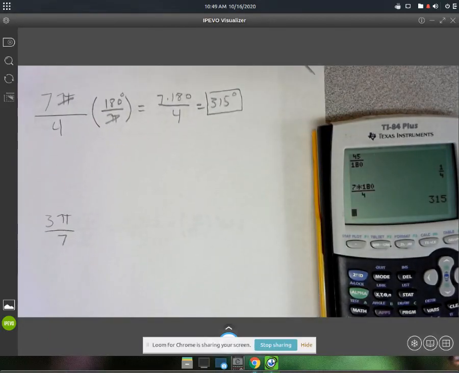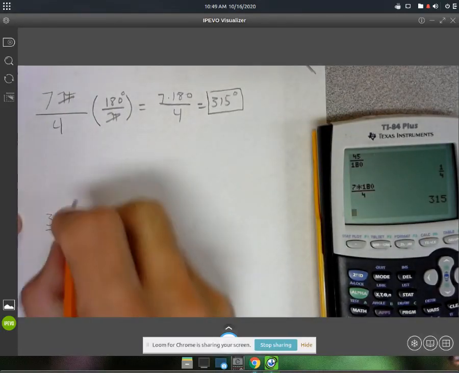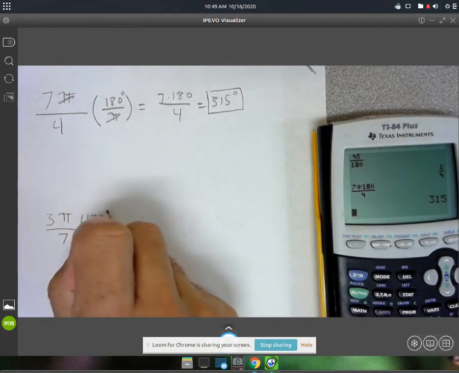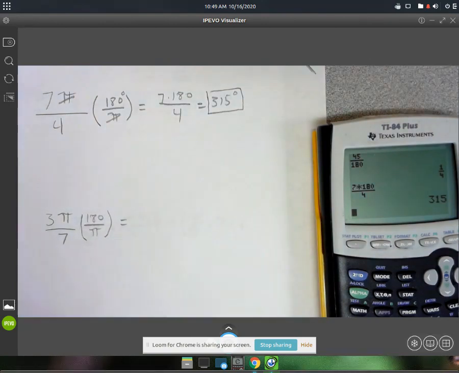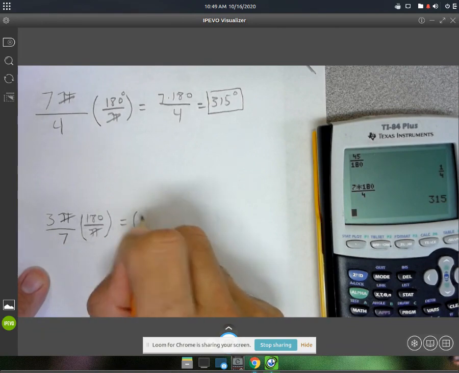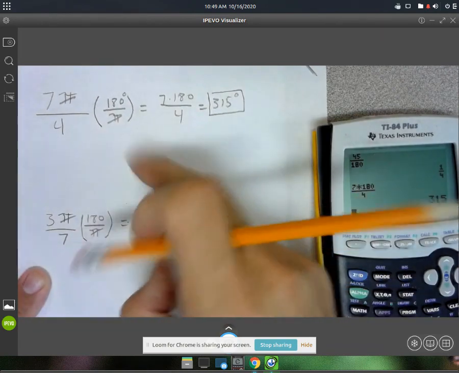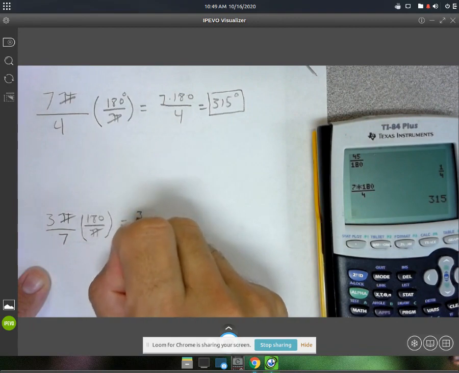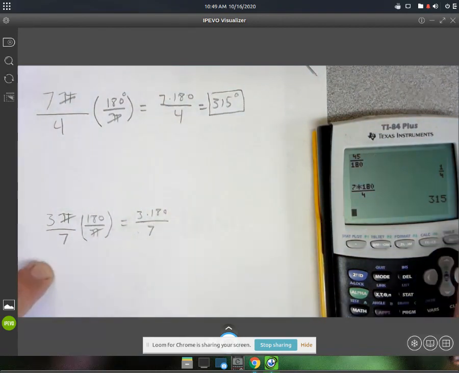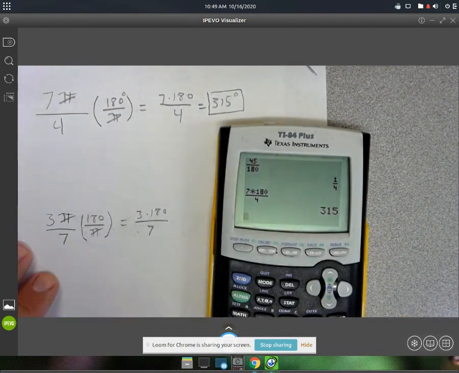I'll do another one here. 3 pi over 7. We'll multiply that by 180 over pi. Our pi's can cancel. We'll be left with 3 times 180 on top and 7 on the bottom.